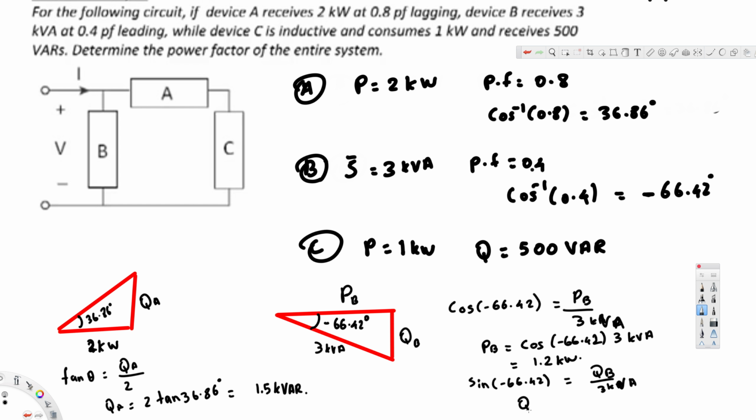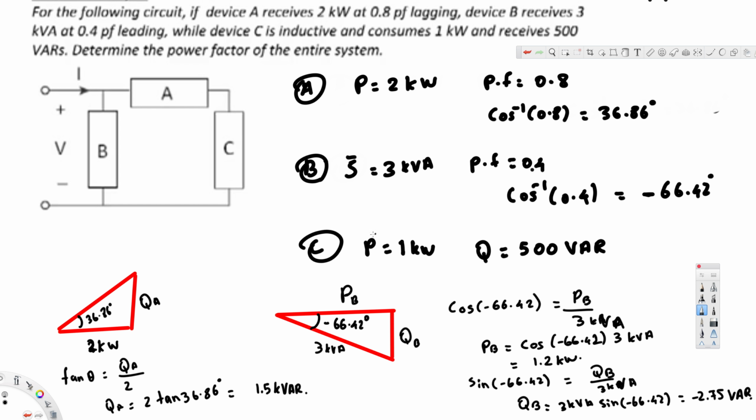Therefore QB is going to be 3 kVA multiplied by sine negative 66.42, and that's going to give us negative 2.75 kVAR. Okay, actually this one should be in VAR, right? Q value should be in VAR. Okay, so this is our final answer.